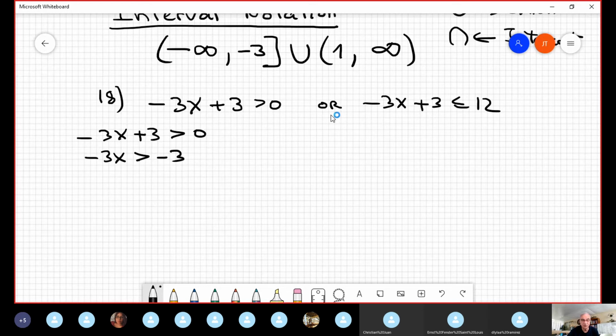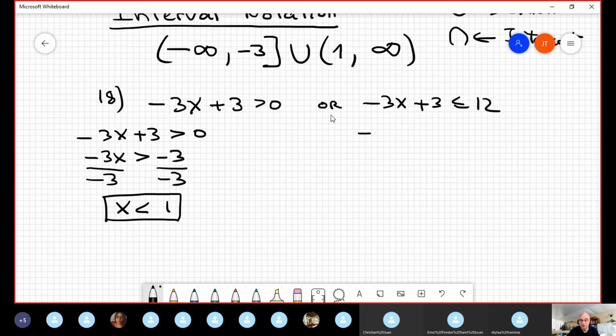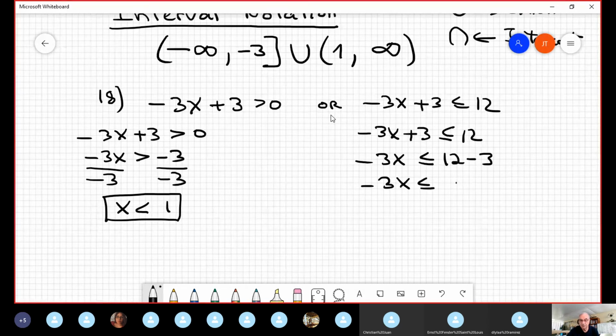I move this 3 to the other side, and 0 is nothing. Divided by -3 on both sides, x is less than 1. This is my first piece. My second piece is similar. It's minus 3x plus 3 less than or equal to 12. Subtracting 3, 12 minus 3 is 9. Positive 9, divided by -3 on both sides. x is greater than or equal to 3.